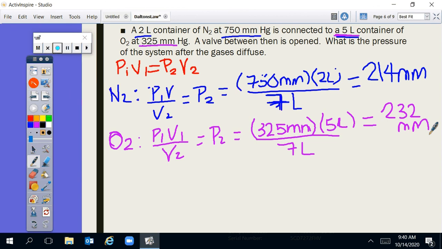Now we have our correct partial pressures. If we want the total pressure, we can use Dalton's law, where P total is P1 plus P2.